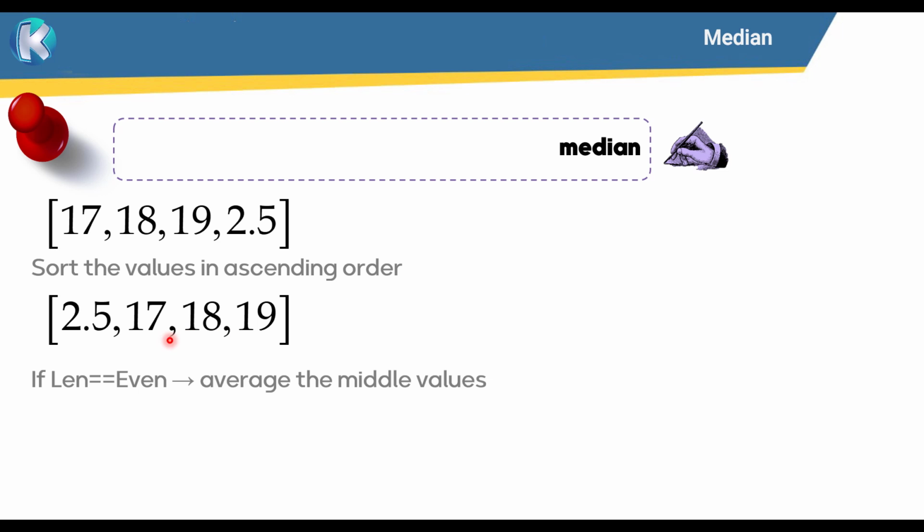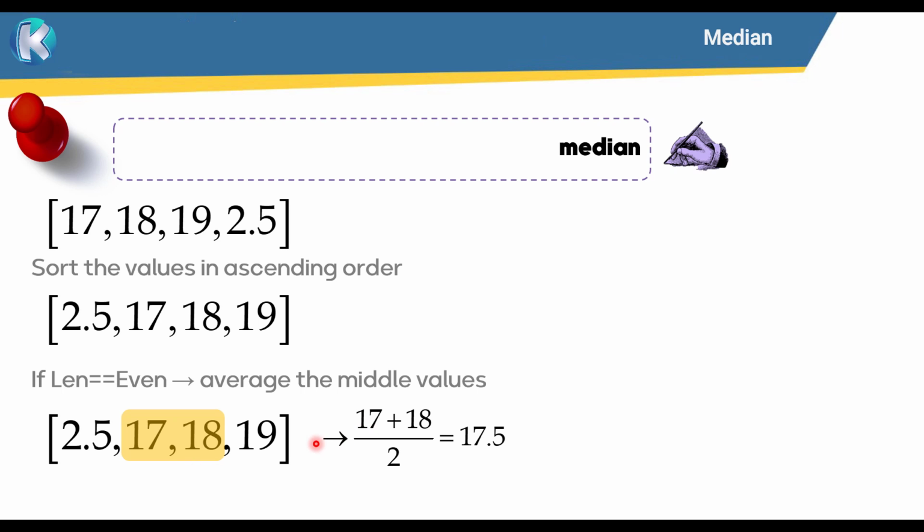If the number of data is even, you should average the middle values. Here, because we have 2 middle values, we should average these middle values. So we do that, 17 plus 18 divided by 2 is 17.5, and this is the median of this data.